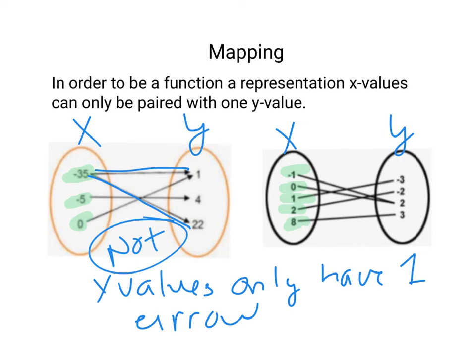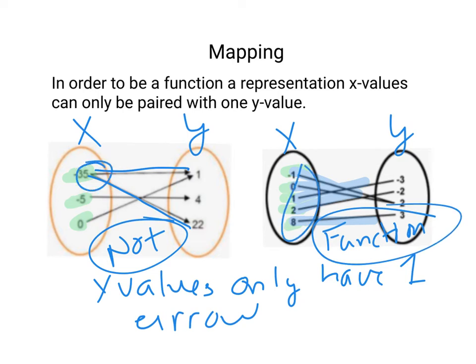I notice that all of these x's only have one line or arrow coming out of them. That means there are no repeating x values, therefore this is a function. So with this one, as long as one line for the x comes out of each of the numbers, then it is a function.